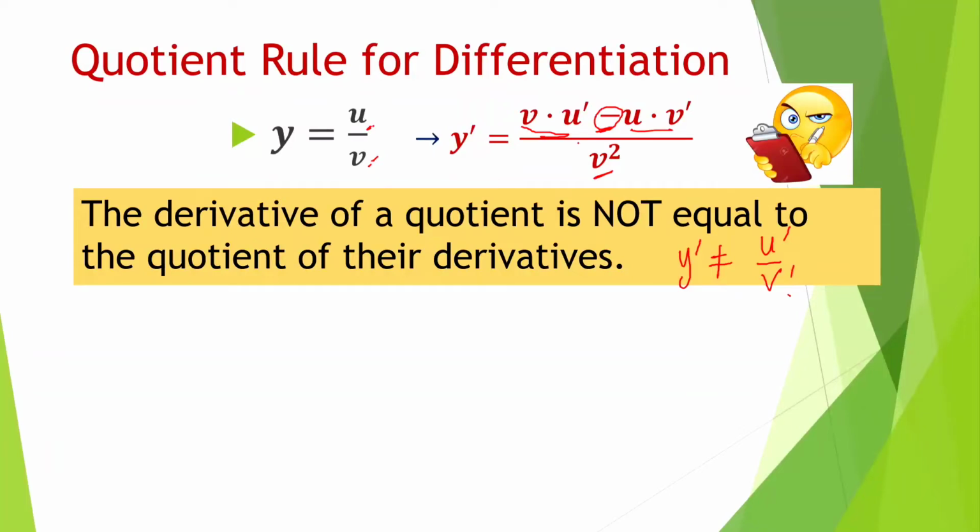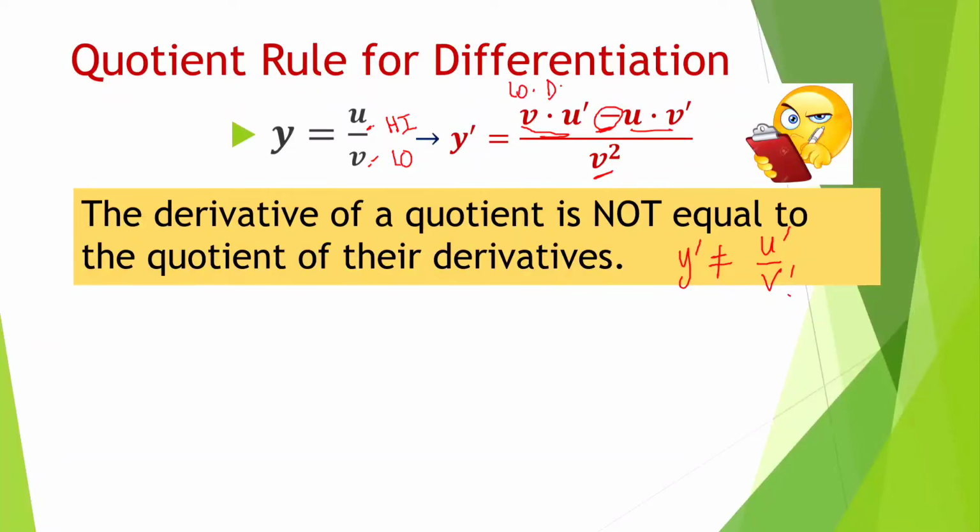Okay? So para mas madali nating matandaan to, we can call this numerator, since nasa taas siya, the high. Tapos ito namang nasa baba, since nasa baba, we can call it the low. Okay? So pwede nating sabihin the formula is equal to low d high, di ba? Low times d high.